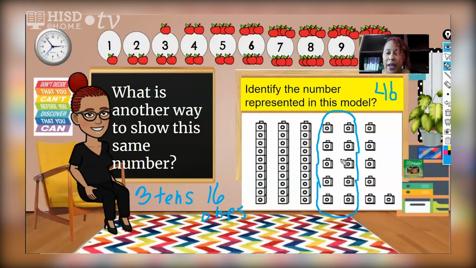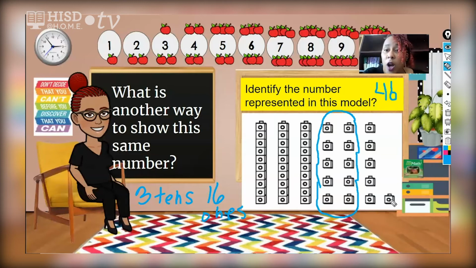So this time we had 4 tens. And how much is 4 tens? Let's count it. 10, 20, 30, 40. And how many ones did we have left over? 1, 2, 3, 4, 5, 6.